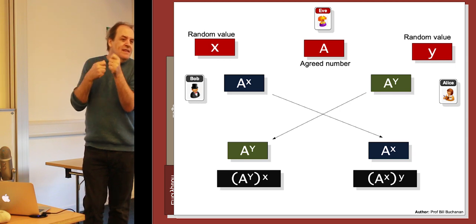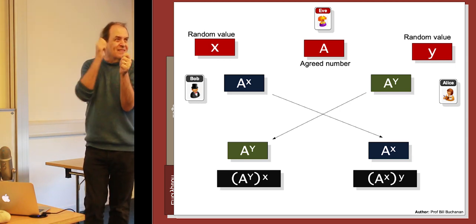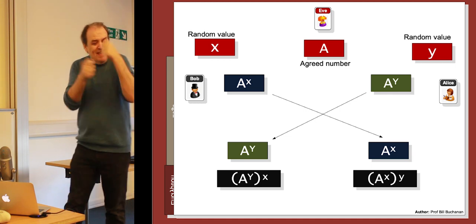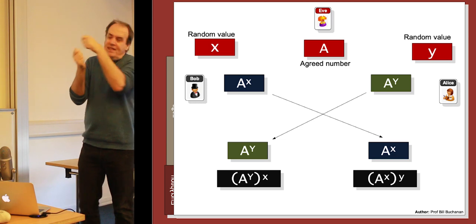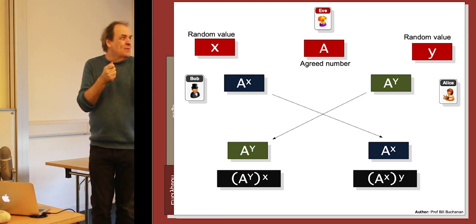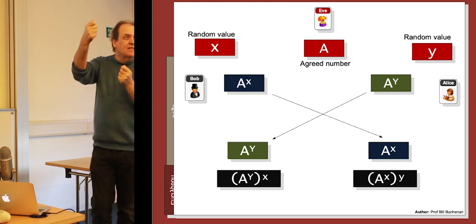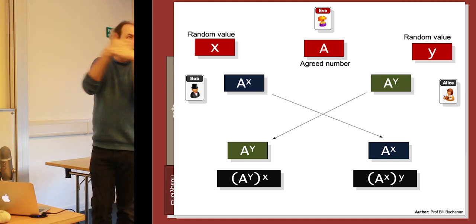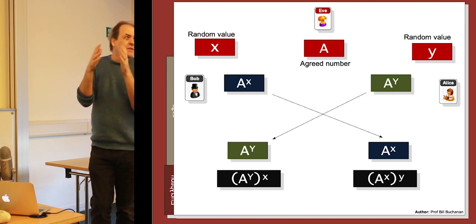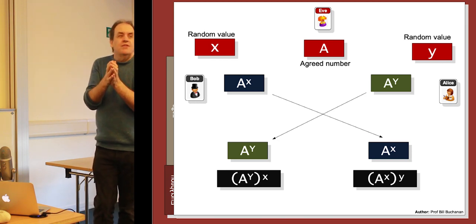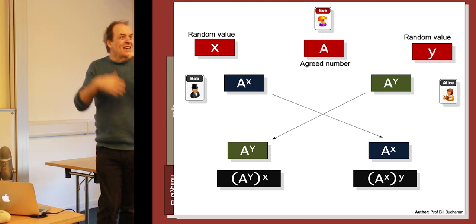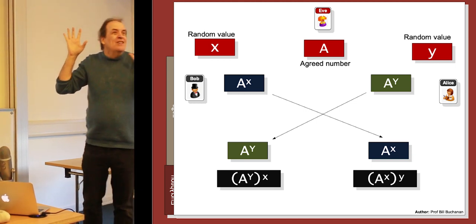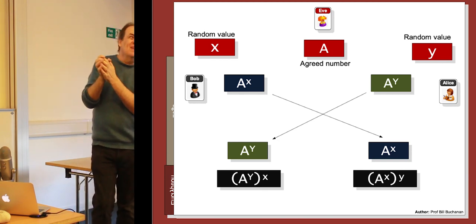She computes a to the power of x, then computes Alice's value until she finds the value of y that works. She can see the communication go back and forth, so if she has enough computing power she'll work out x and y. She just takes a to the power of x, y, mod p, and she has the key. So she has now cracked the tunnel.